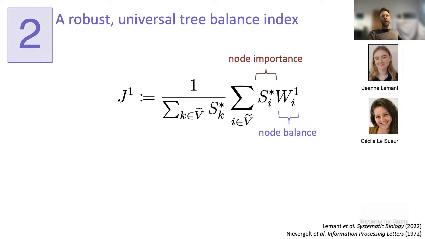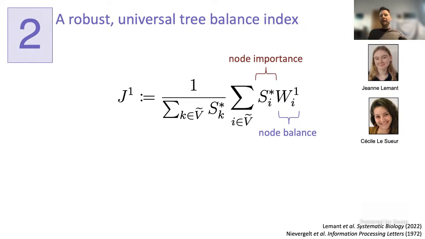The index here is called J1, and it is defined in terms of, for each node in your tree, which is labeled here I, you assign an importance to that node. It is simply the sum of the size of the subtree that descends from that node.